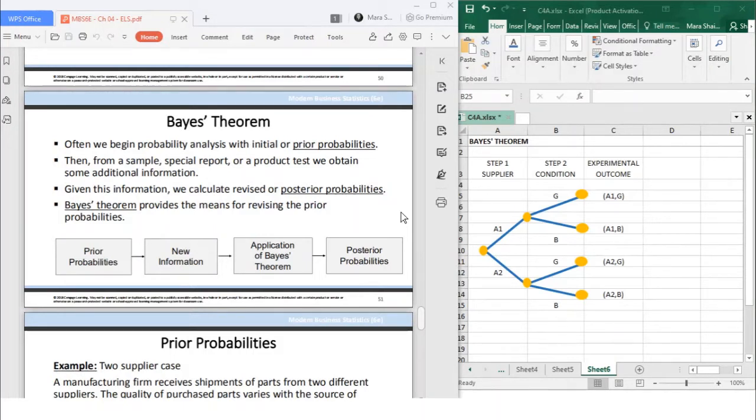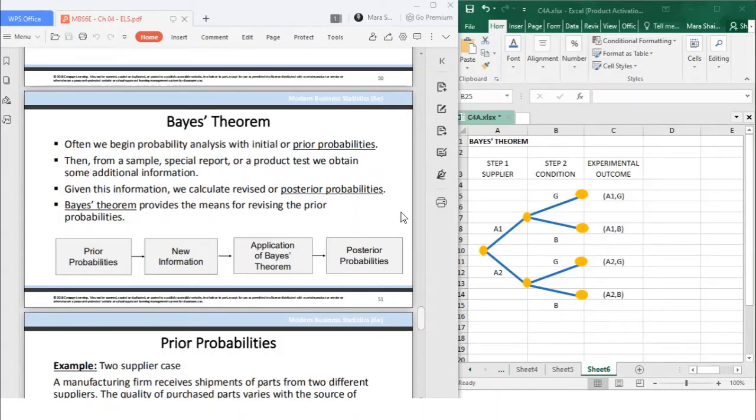Now, oftentimes in doing analysis, we have what we call an initial or prior probability or estimates for specific events. Then, from a sample or special report or product test, we can obtain some additional information.